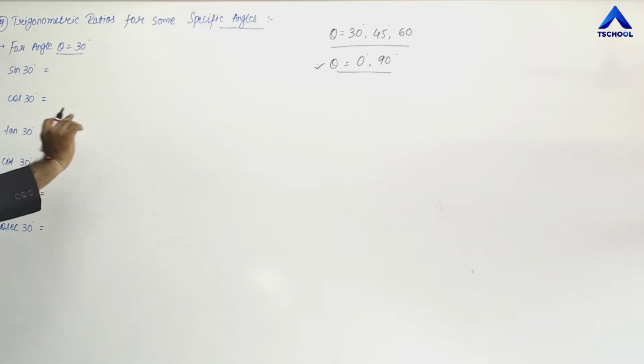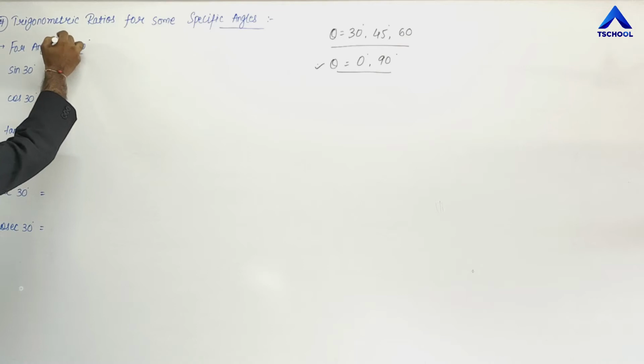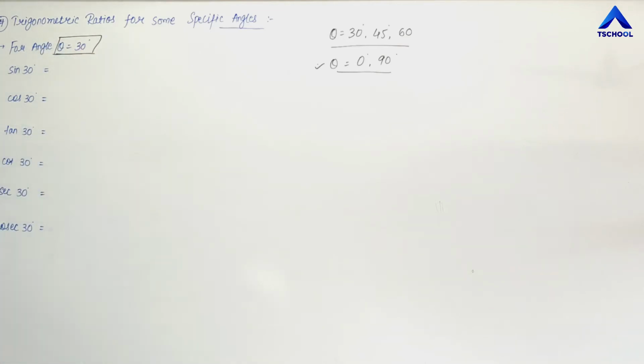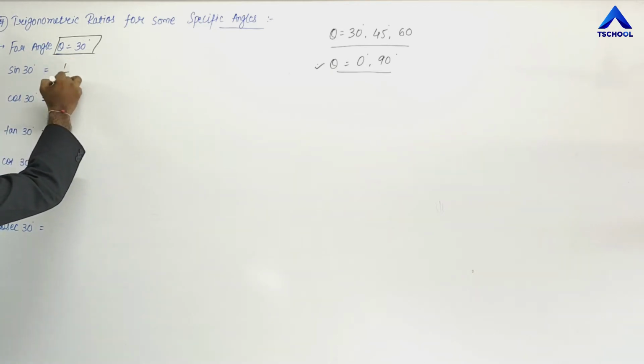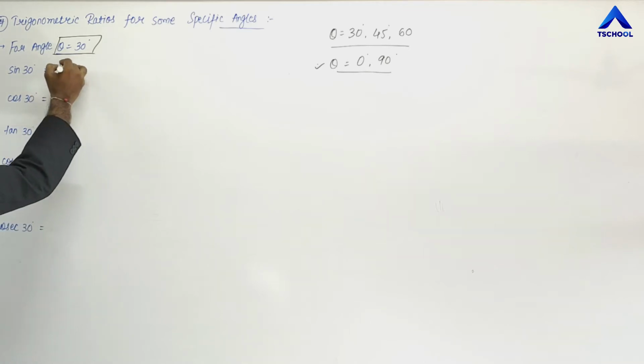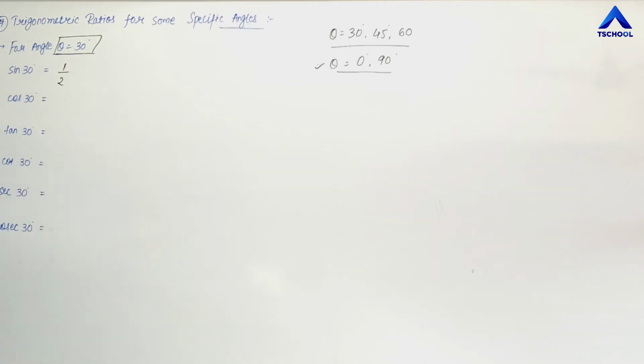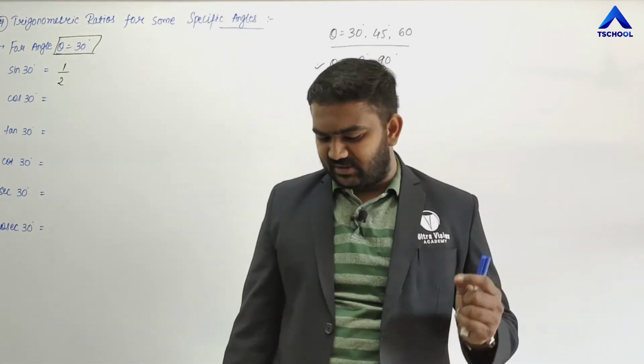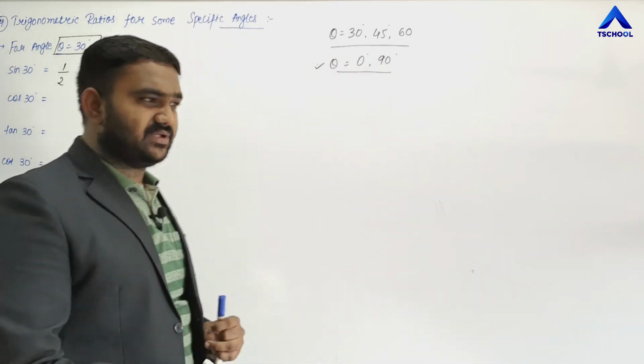So the trigonometric ratios for some specific angles, and again for angle theta equals to 30 degree, I have written the table here, that is sin 30, cos 30, tan 30 and so on. Let us see the values of each and every ratio. So sin 30 was 1/2. If we have the notes that we have carried out in the previous lecture, then you can simply verify the values here.